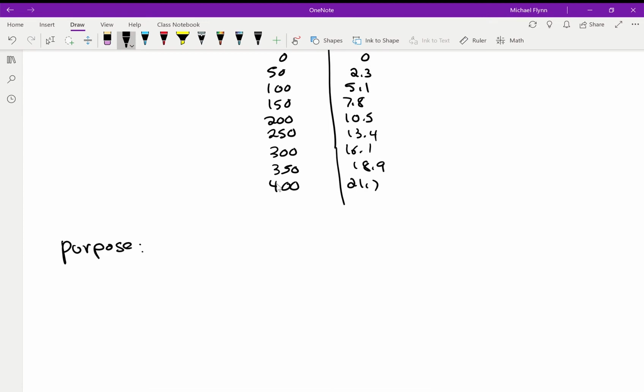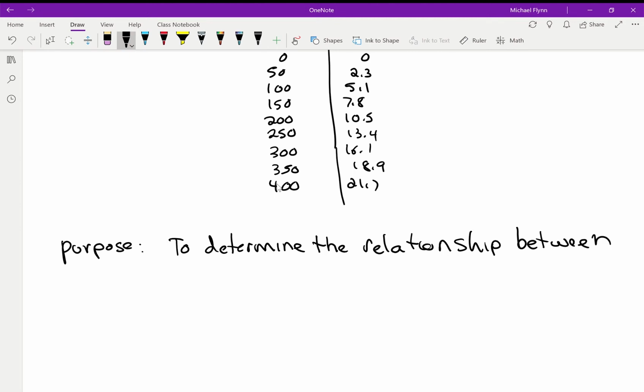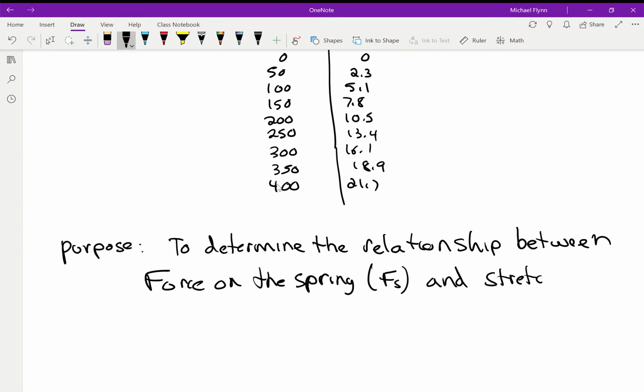The purpose is to determine the relationship between force on the spring, which I'm just going to put Fs, and stretch in the spring.